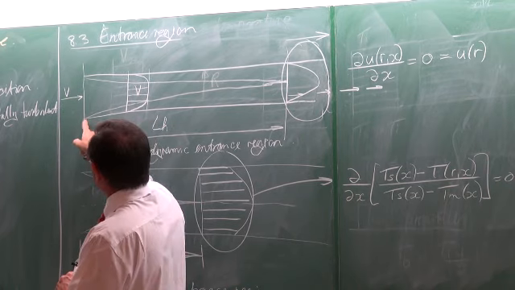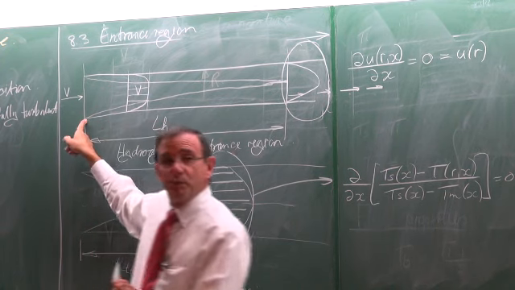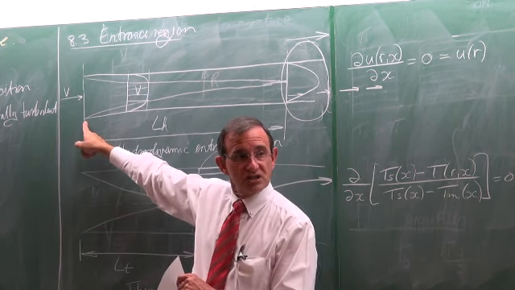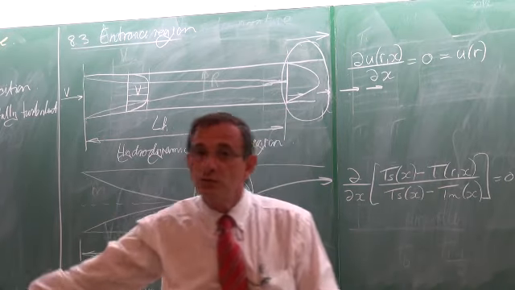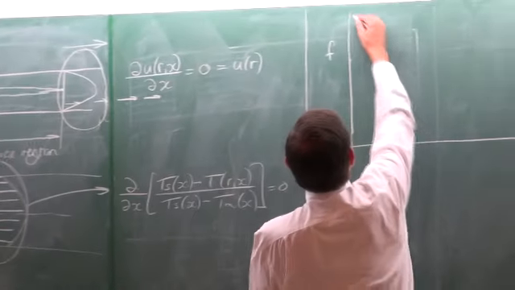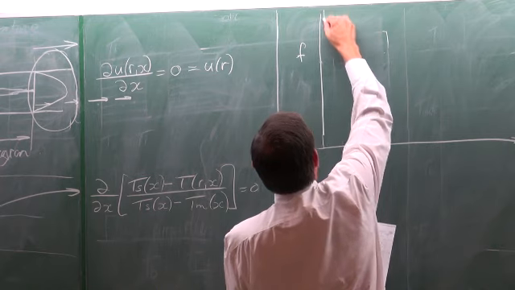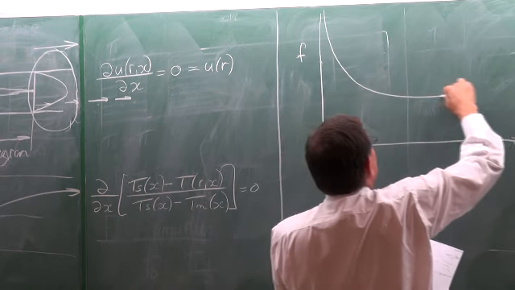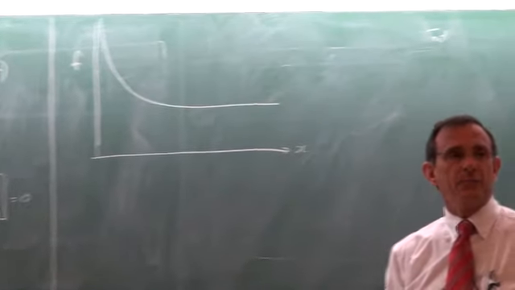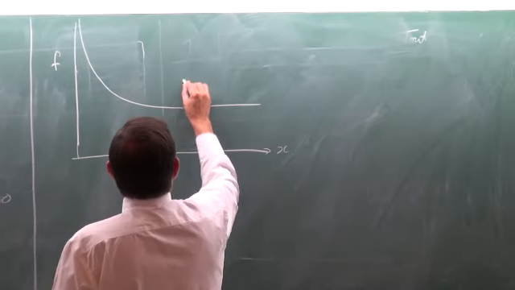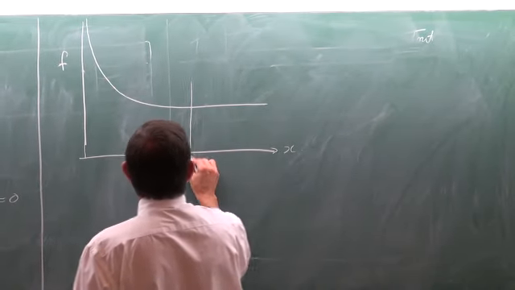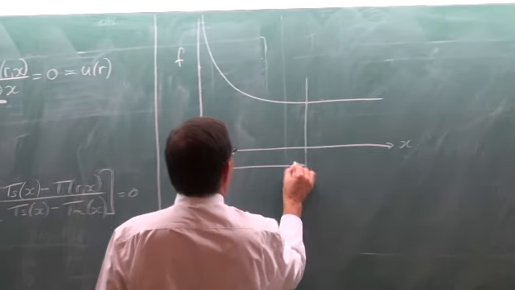If the velocity gradient is the largest, then the pressure drop here would be the largest, and therefore the friction factor will be the largest. So the friction factor is very large, and then the following will happen. That point there would be equal to L_H.